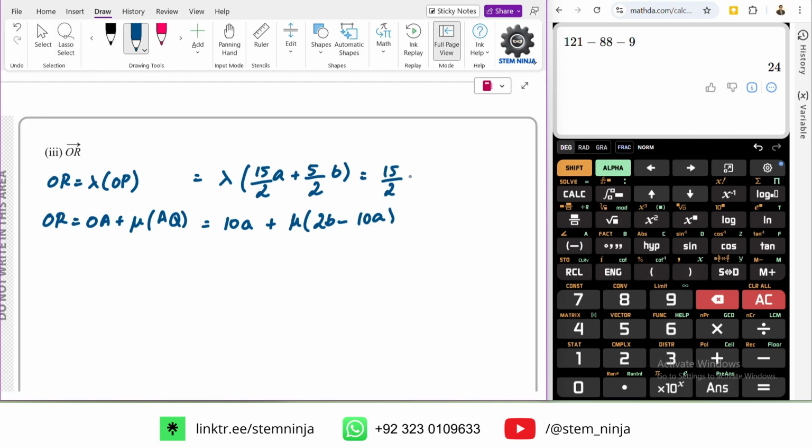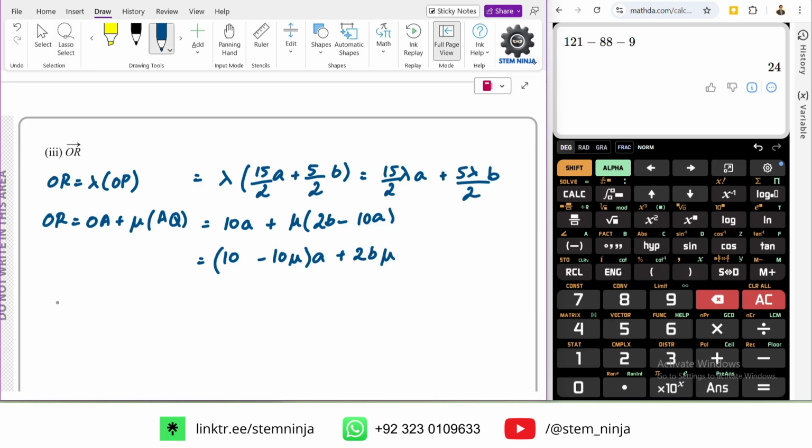So 15 lambda over 2 A, 5 lambda over 2 B, and this one would become 10A minus 10 mu A plus 2B mu.